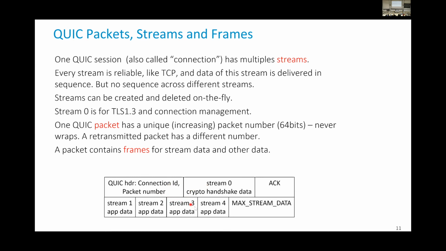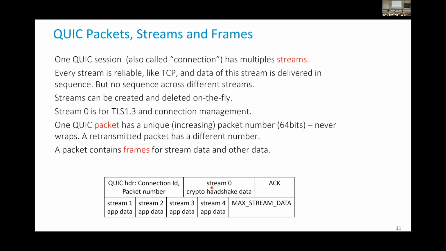So very often it's not possible, but if you have small data, for example, very short JavaScript, you may have multiple of them in the same packet. Of course, if this packet is lost, then all the stream data in it are lost. But if, for example, this packet is lost and stream 5 had a big object in another packet, then stream 5 will not be affected by this loss.